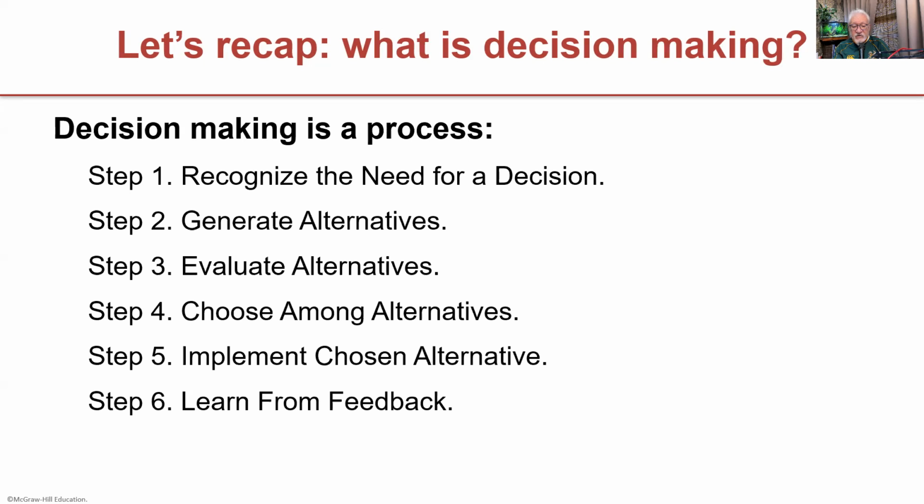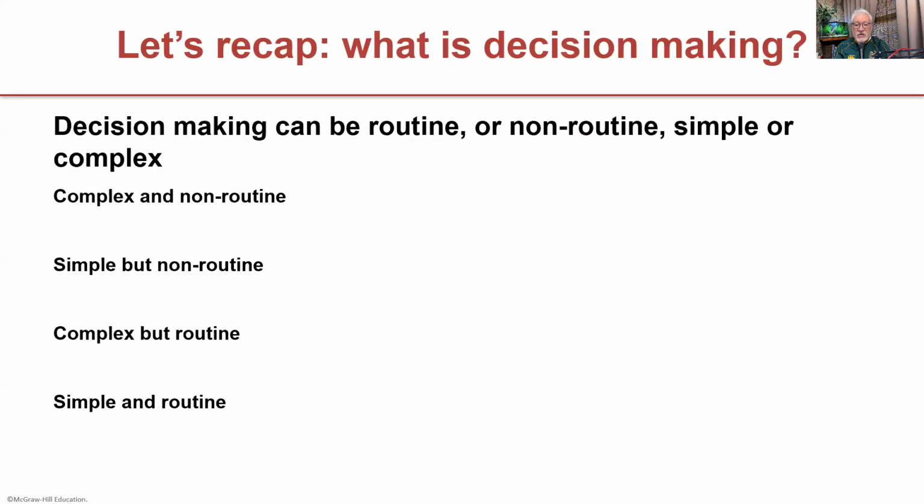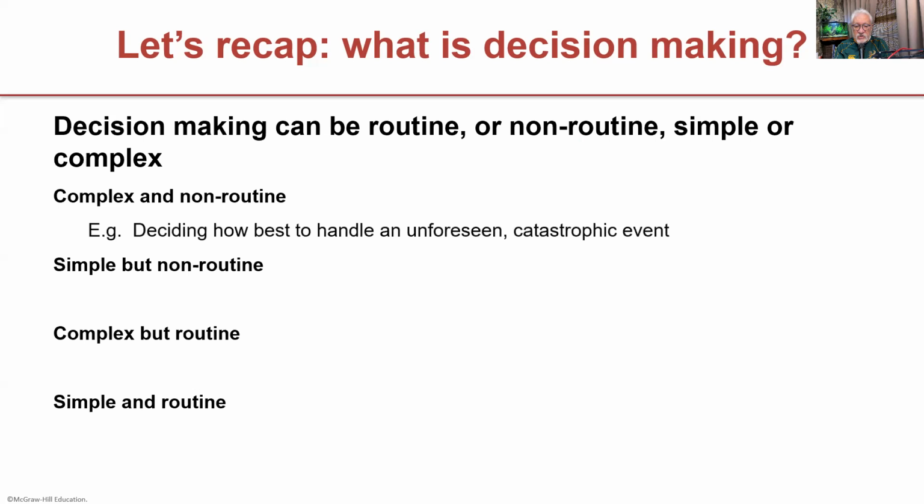And then finally here in step 6, to learn from the feedback of what we discover having implemented the decision. So we learned also that decision making can be routine or non-routine. And we know that routine decisions are programmed and non-routine decisions are the ones we just don't know.